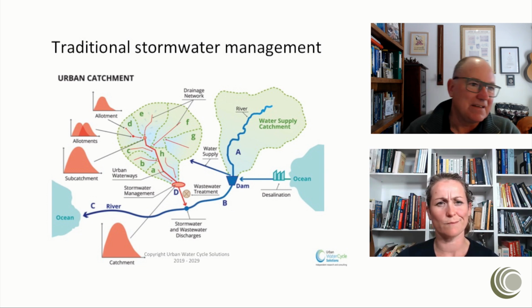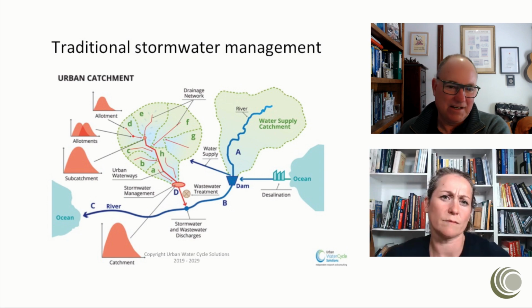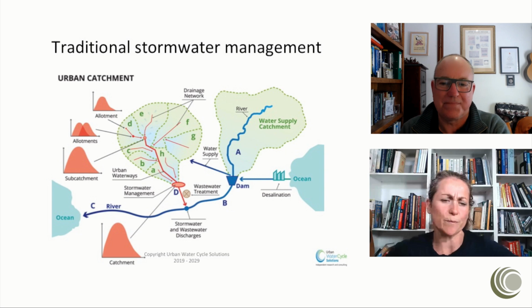Downstream of that dam in someone else's catchment, there are dramatic changes in the viability of the river or the waterway that's providing those resources. It could even be a groundwater source.